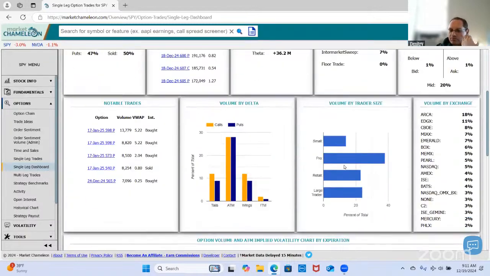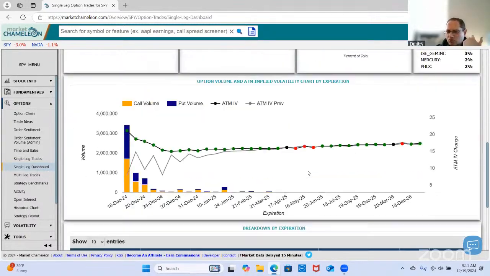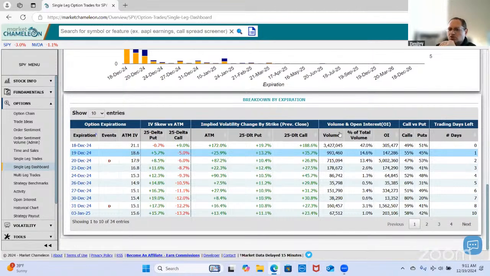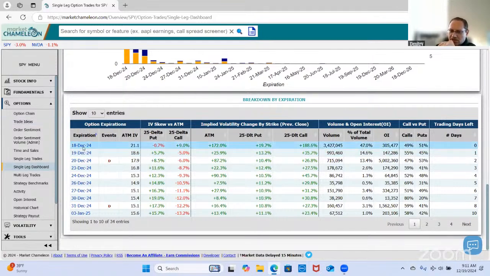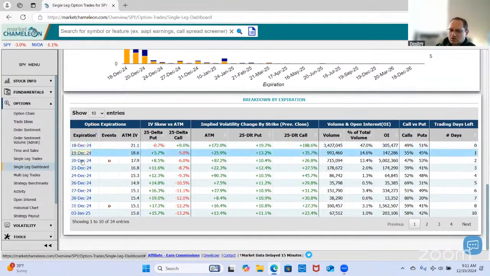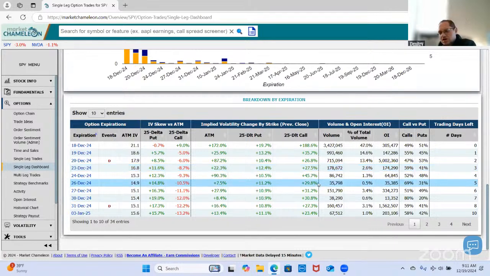But we did end up going to the table below, and we talked about this particular table. It lists all the different options expirations, and then gives us statistics about each of those options expirations. So when we look at skew, which option expiration do we reference?